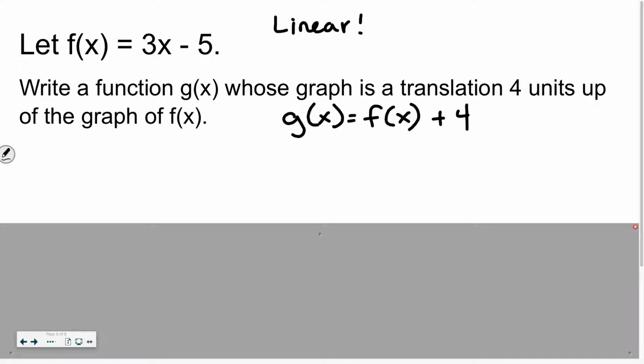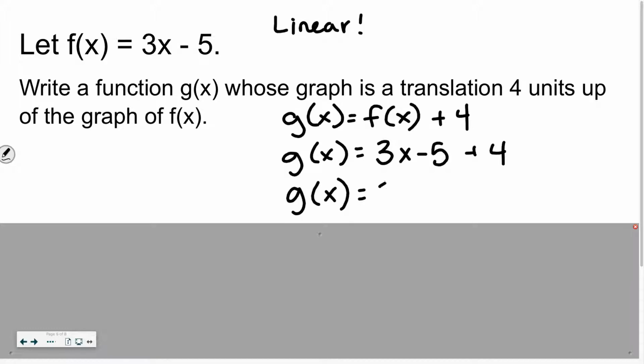The new function g is the old function plus 4. And what's the old function? 3x minus 5 plus 4. Clean it up. That's 3x minus 1. Done.